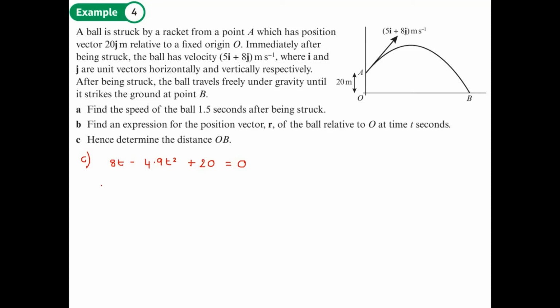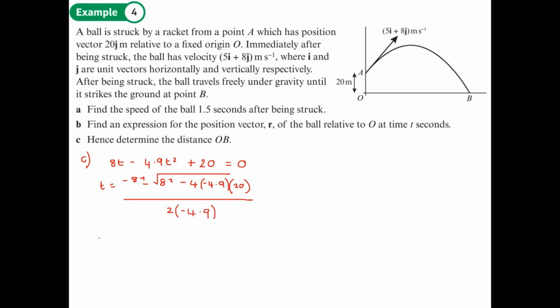So if I use the quadratic formula, I've got t equals minus 8 plus or minus the square root of 8 squared minus 4 times minus 4.9 times 20, and then that all over 2 times minus 4.9.